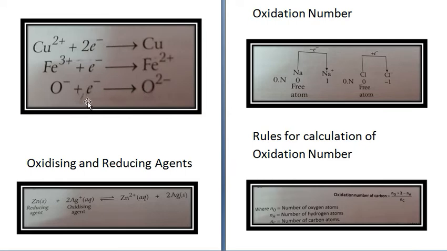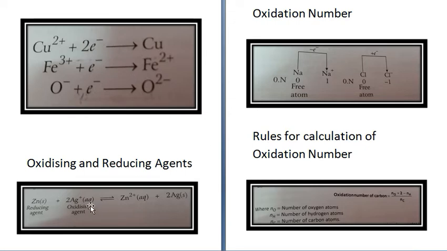Similarly, if you look at this reaction, Cu2 plus plus 2 electrons is giving you Cu. Now this is a process in which electron is being gained by an atom, ion or molecule. So this reaction is reduction reaction.